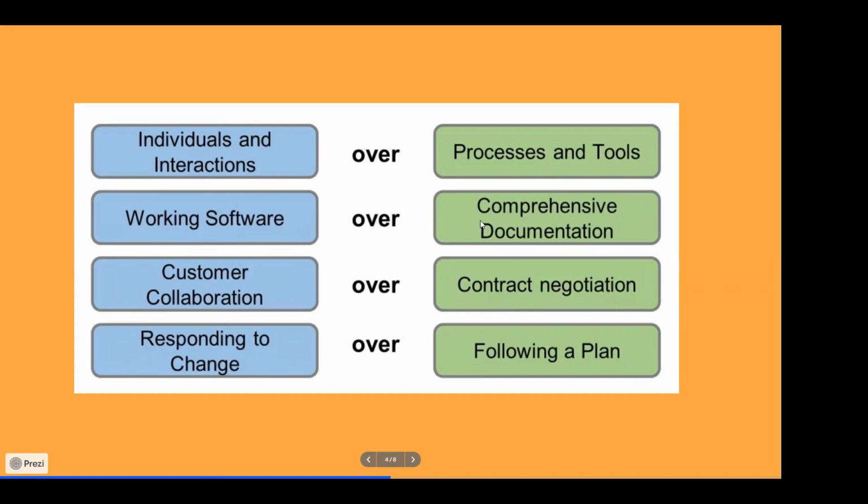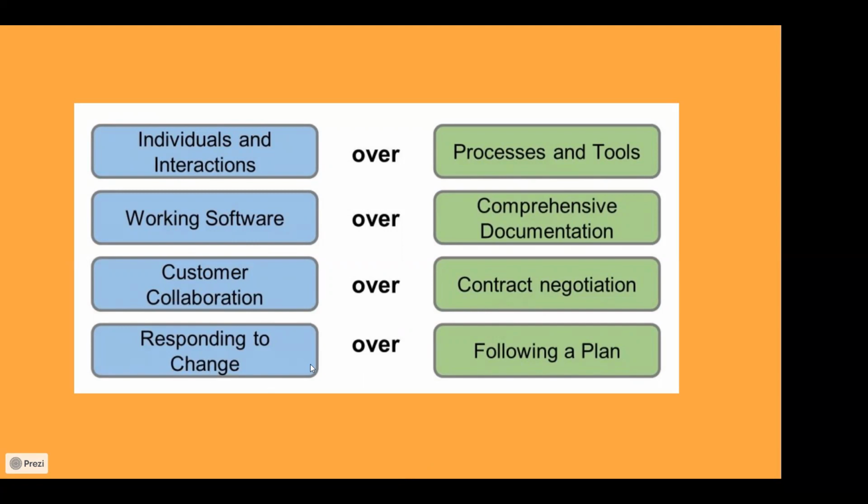Working software over comprehensive documentation: focus on software rather than documentation. Customer collaboration over contract negotiation: the customer and the team should work together to find the best solutions. Next, responding to change over following a plan: instead of sticking to something, make changes according to the situations.